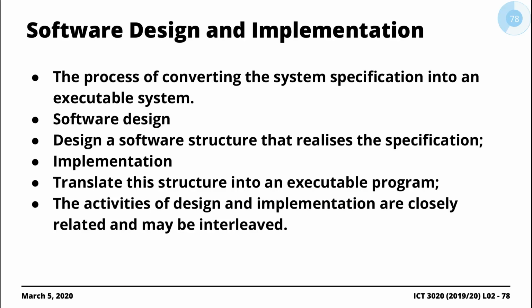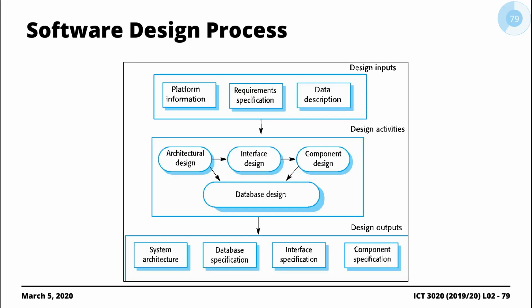All right, so the question though is what exactly happens in the software design process, right? This block diagram here from Ian Sommerville's book, the prescribed reading, highlights the key aspects associated with the software design process, right?